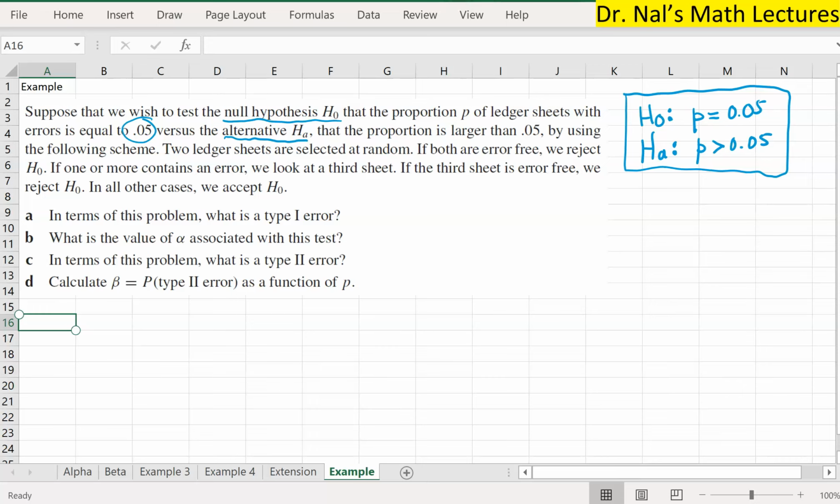So we design the following scheme, which will end up being our test statistic. Two ledgers are randomly selected, and if both are error-free, we reject the null hypothesis.